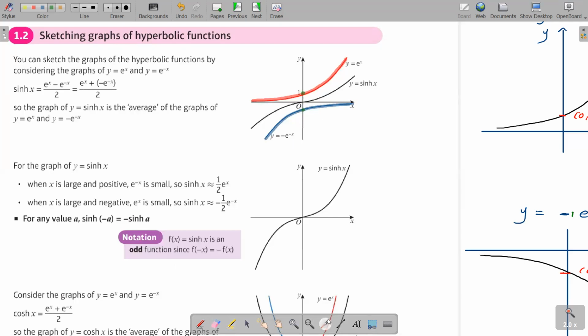Add and divide by 2, that's going to be 0. So the entire graph goes through the midpoint of these lines. This point is the midpoint of these two y values. It's the average of the graphs of e^x and negative e^-x.